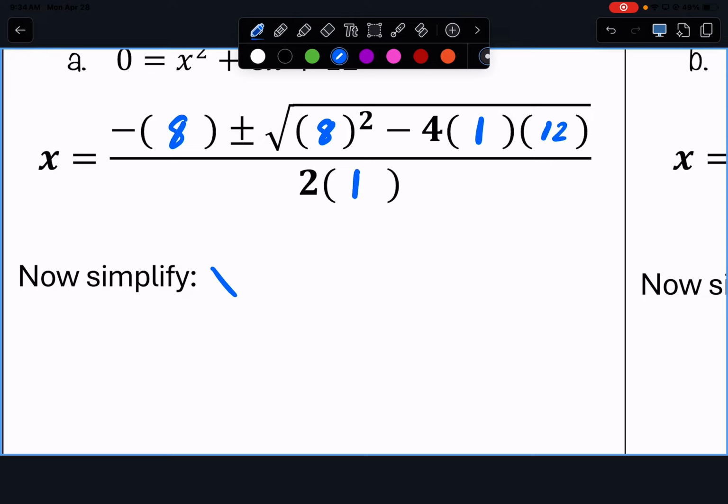So we get x is equal to negative b, or negative 8, plus or minus the square root of, what is 8 squared? Then we have minus 4 times 1 is 4. What is 4 times 12 though? 48. All divided by 2 times 1.